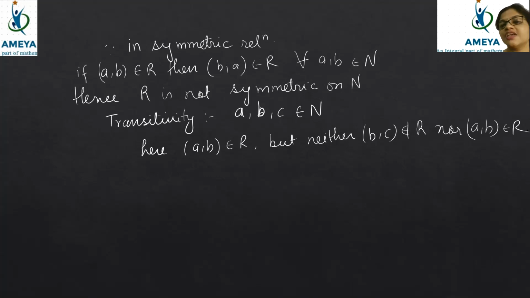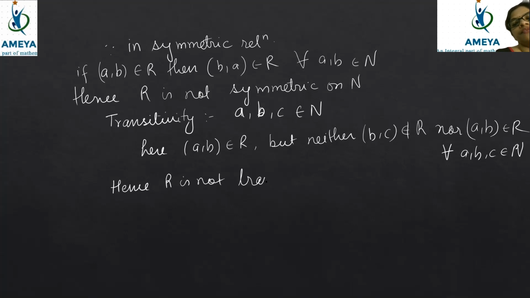So only (a, b) is there, but (b, c) and (a, c) are not there. Hence, for all a, b, c belonging to the set of natural numbers, R is not transitive on N.